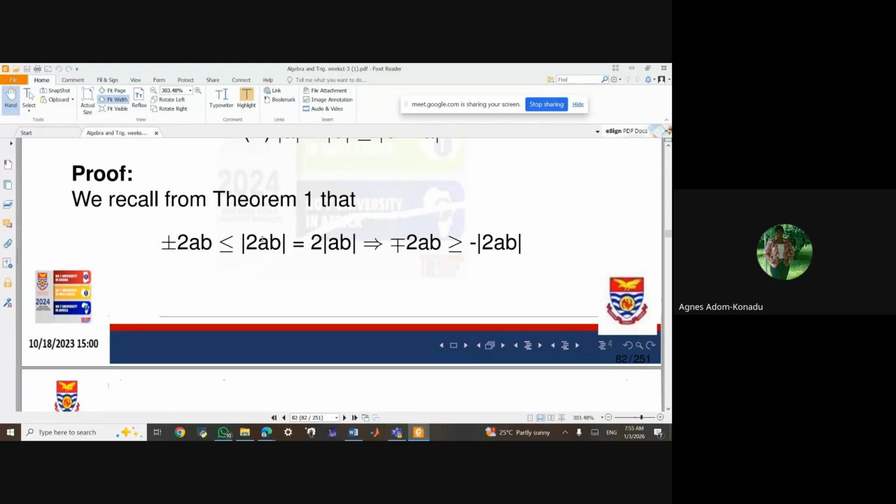That absolute of AB is the same as absolute of A times absolute of B. Now this one, plus or minus 2AB is less than or equal to absolute of 2AB. This is the same as bringing the constant out and writing the AB in absolute. And this implies that if it is minus and positive, then 2AB will be greater than or equal to minus 2AB.